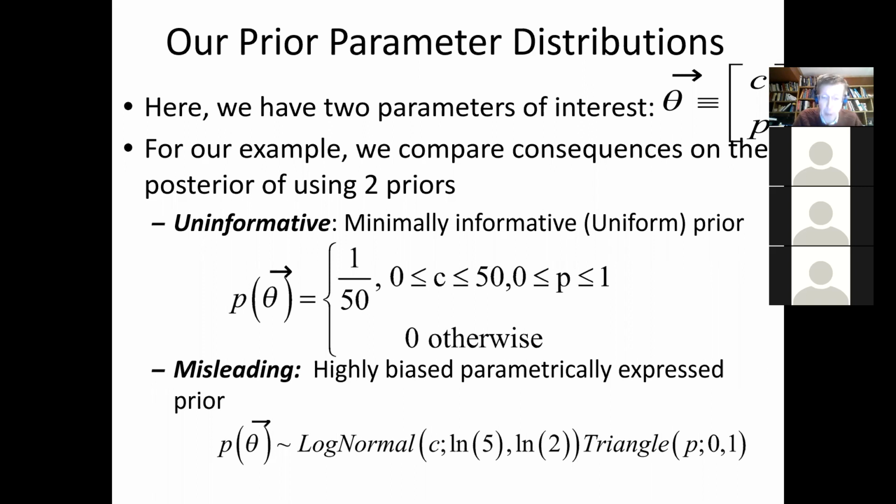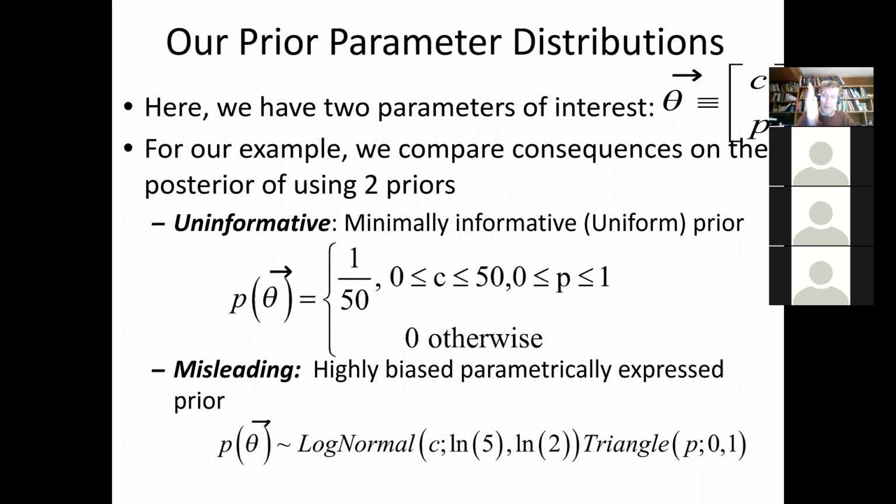And for this example, I used another one just to show the power of the data. I used one that was highly biased. And in fact, it's biased in a misleading direction. I used one whose peak would be quite far off from the actual one. And it's actually a multiplication of a triangular distribution over P. So it has a peak at 0.5, and it goes down in a linear fashion to 0 at P equals 0 and P equals 1.